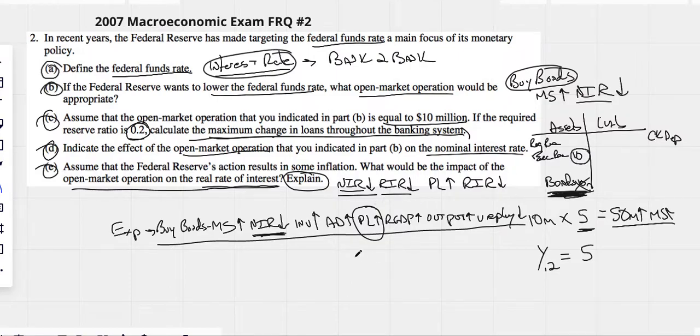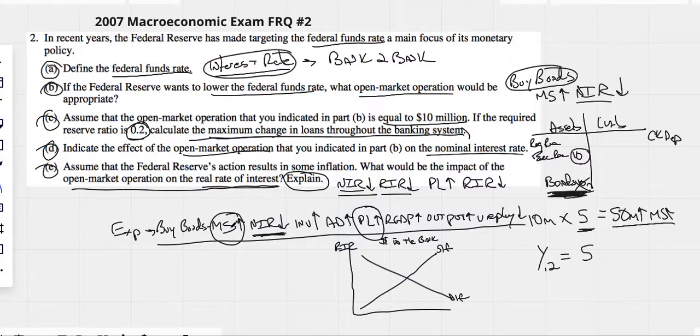If we had to draw a graph about it, they didn't ask us to, but if we wanted to talk about the real interest rate, we've got to talk about the loanable funds market. The loanable funds market is nothing more than money in the banks. So if the money supply is increasing and there's more money flowing into the banks, wouldn't we expect the supply of loanable funds to increase?